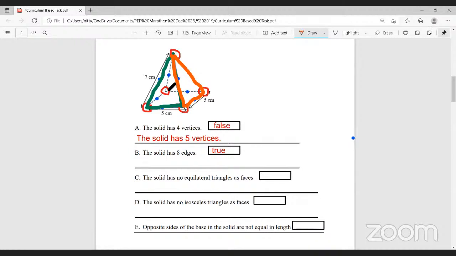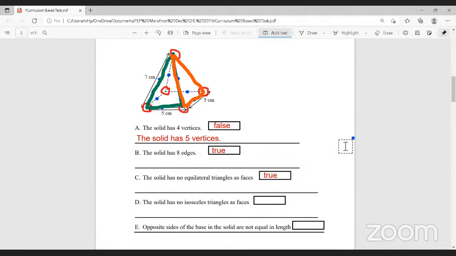All the triangles would be of the same size. So for C, I see lots of persons saying false. The solid has no equilateral triangles as faces, so the correct answer for C is true.